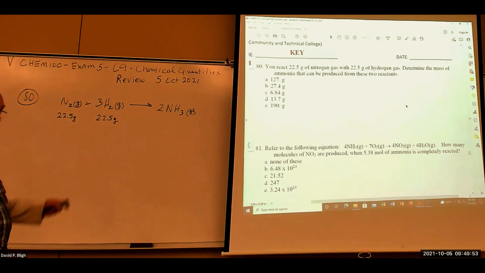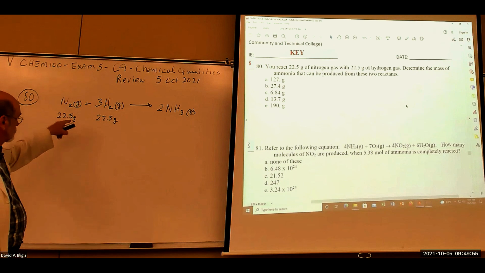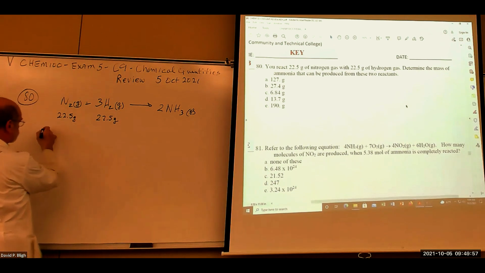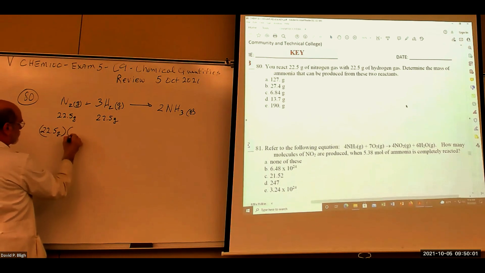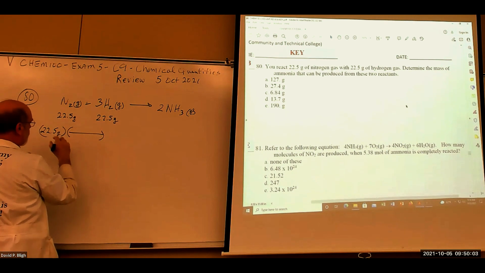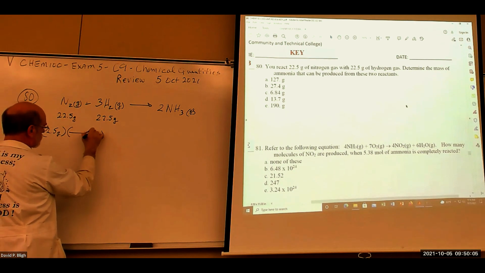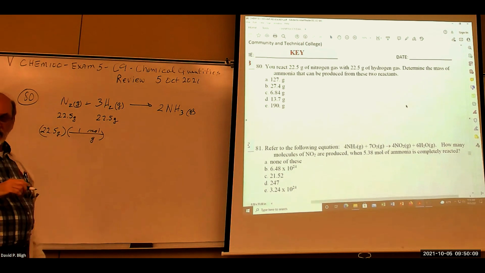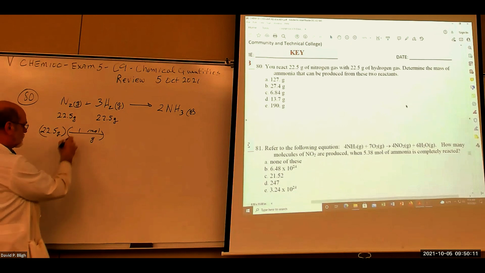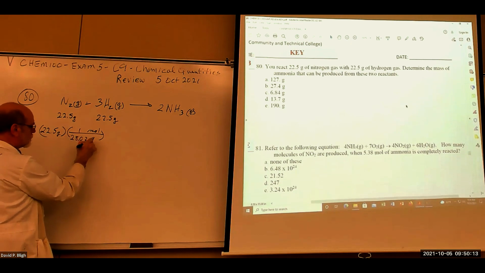All right. In order to do this, we've got to convert to moles for each one of these. So for nitrogen, what's the molar mass of nitrogen? 14.01 times 2, 28.02.